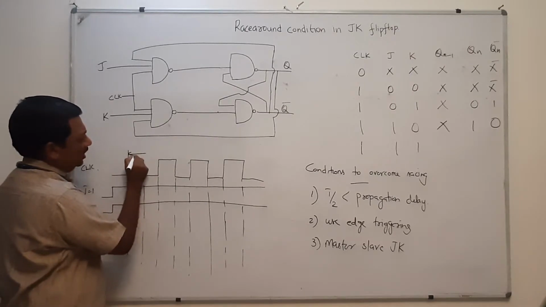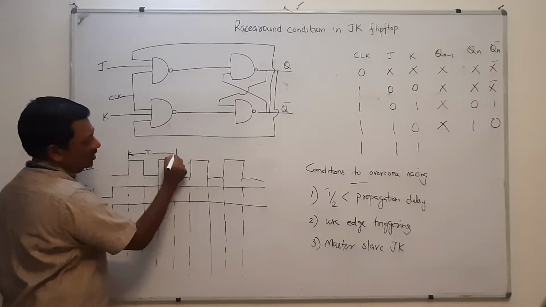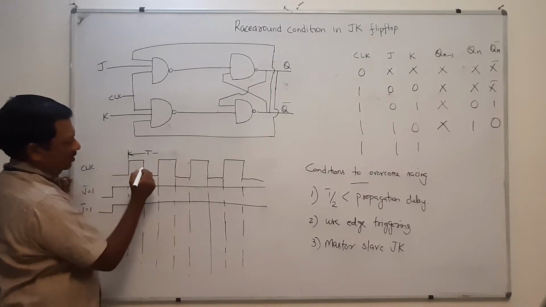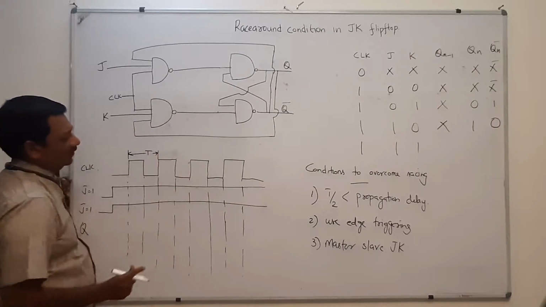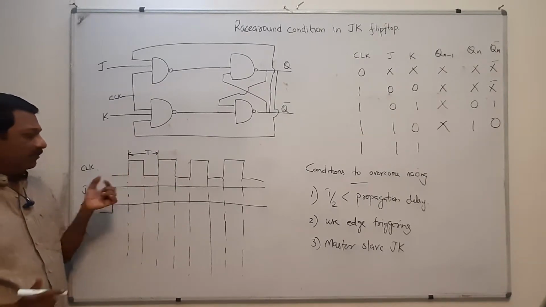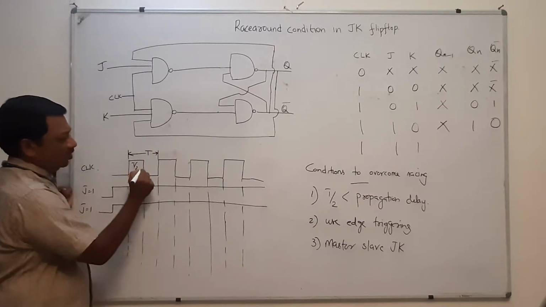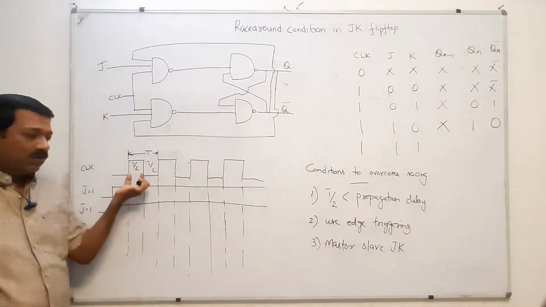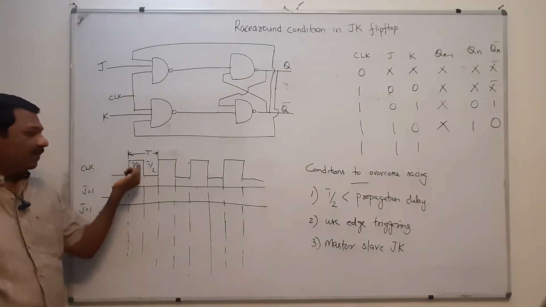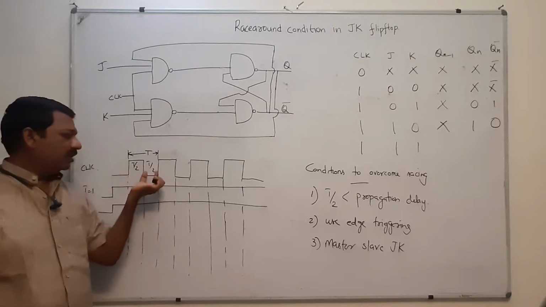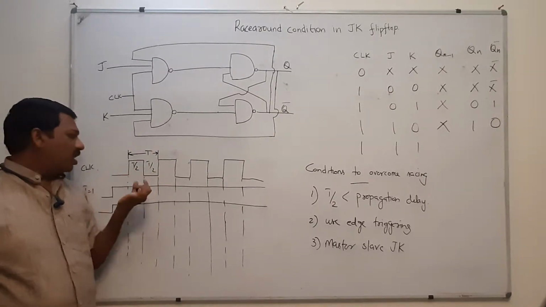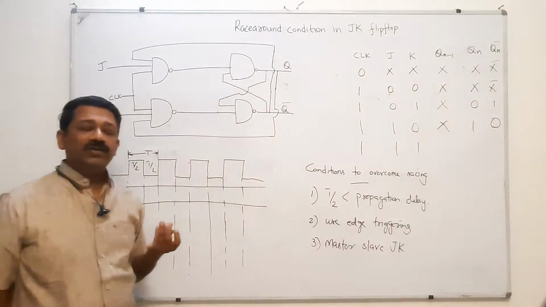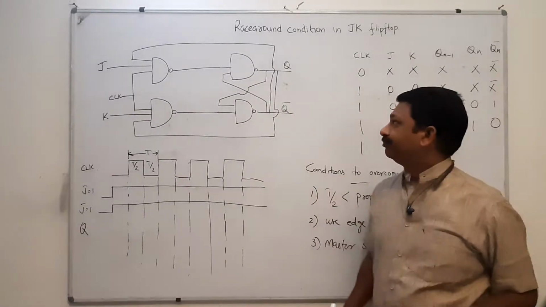This is the time period of the clock T, and for T by 2 it will be at level 1, and for another T by 2 it will be at level 0. Whenever it is at level 1, this will be active. That is what I mean by level triggering.